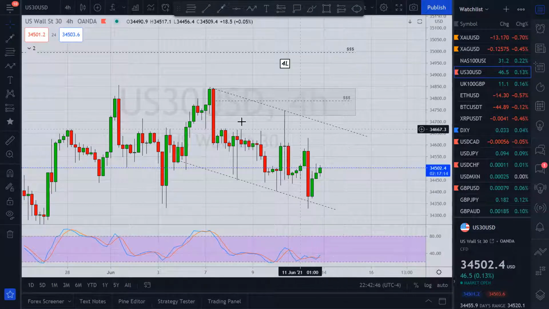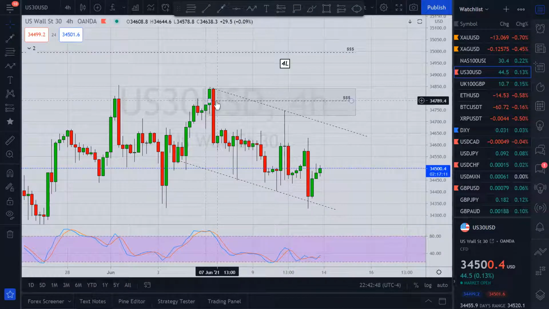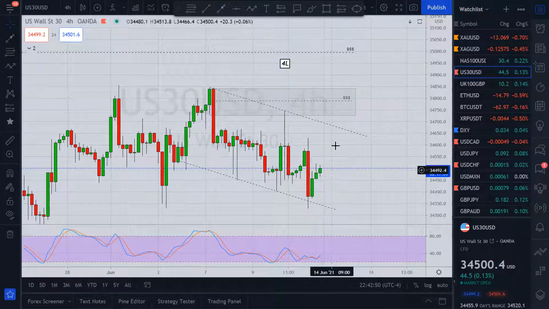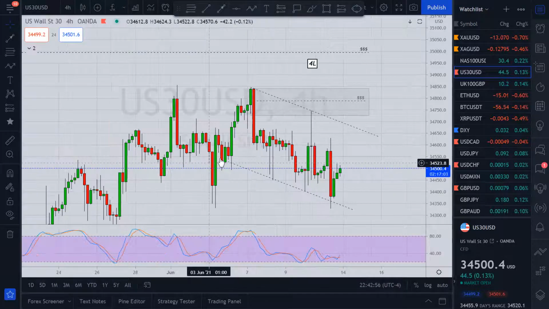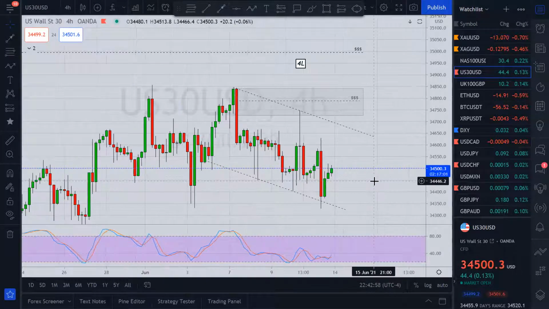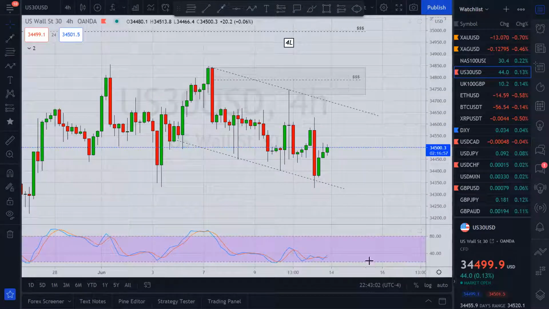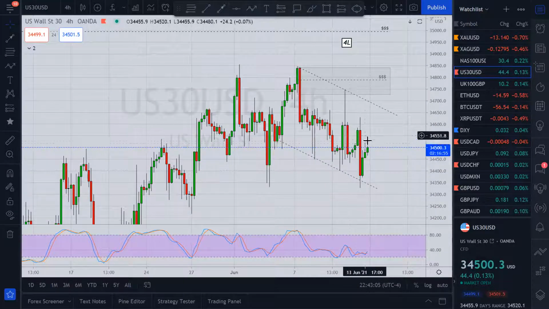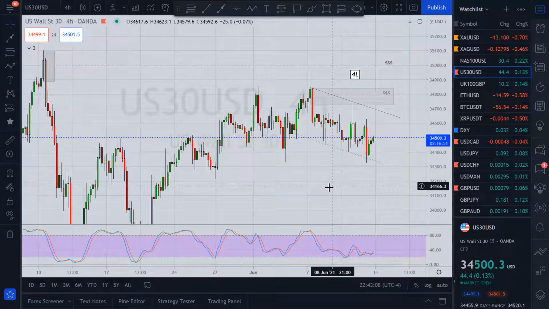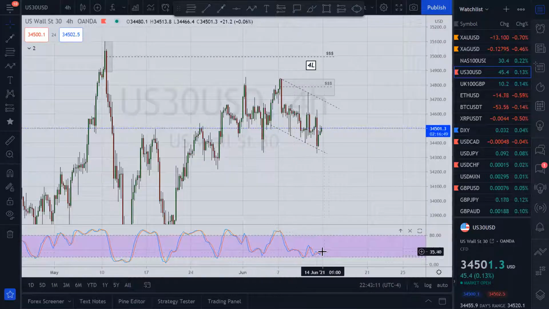We got an order block here waiting for price to come and mitigate and then come back down. We're in the middle of this trading range, so I'm not exactly sure where this pair is going to go right now, because it's kind of in the middle. And I'm not too thrilled with that.